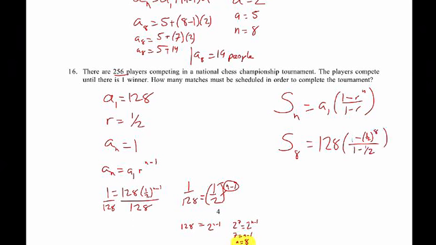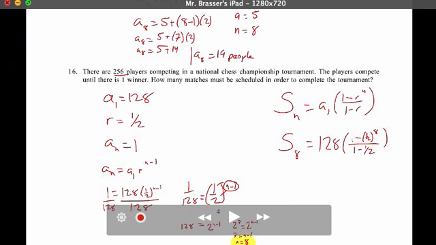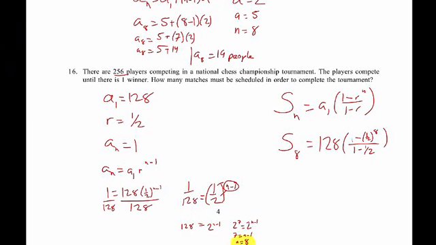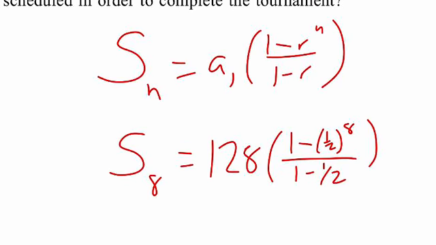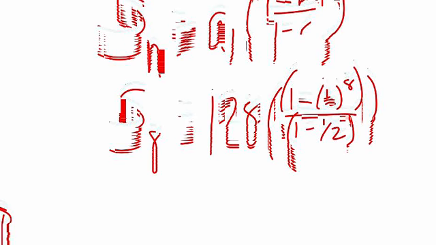From here, I would just suggest punching this into a calculator. Make sure you put your entire numerator in parentheses and your entire denominator in parentheses. When you plug that into your calculator, you should get S sub 8 equals 255.